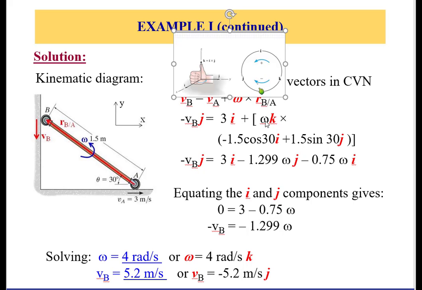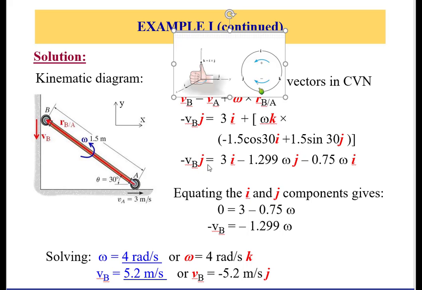Now you distribute omega k over the second portion: omega 1.5 sine 30 k cross j. That is going to be negative, so it produces a negative i. Okay, so that's how you do that.